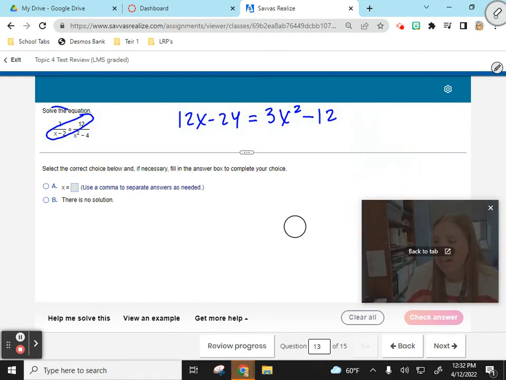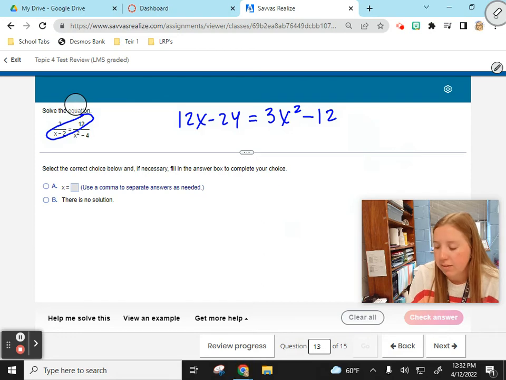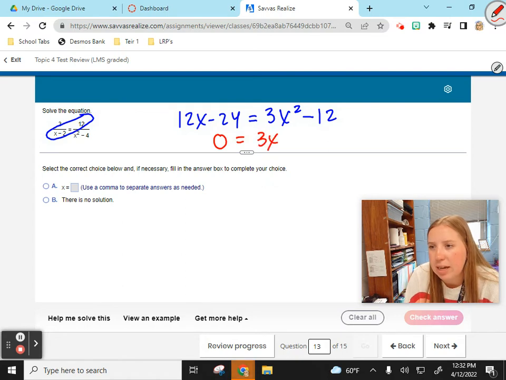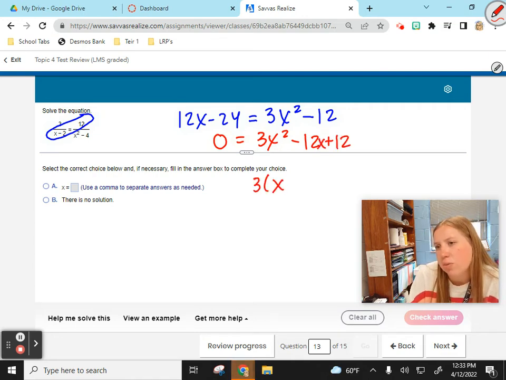It is a quadratic. So one of the more complex problems to solve. I want to get my equation equal to 0 over here. So I'm going to have 3x squared minus 12x plus 12. And then I can factor out a 3 to make my life a little bit easier. Minus 4x plus 4.